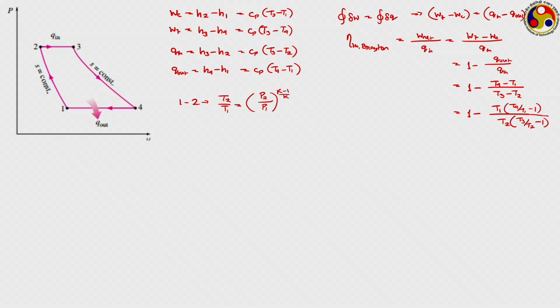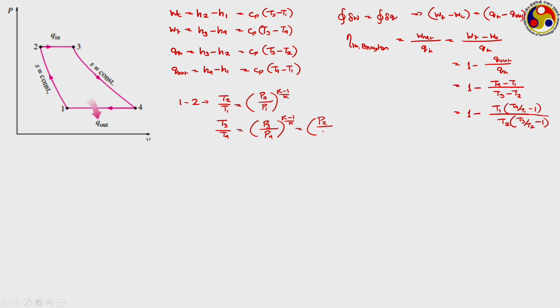Similarly, T3 upon T4, which is again an isentropic process, will be equal to P3 upon P4 to the power k minus 1 upon k, and as 2 to 3 is a constant pressure process, P3 is equal to P2.